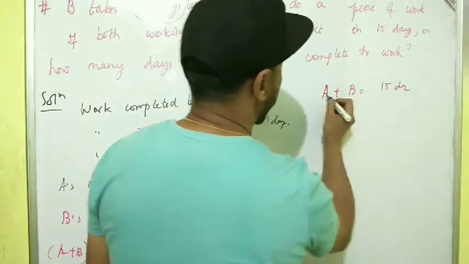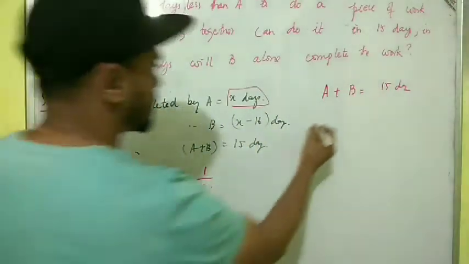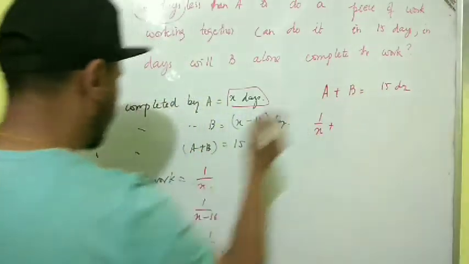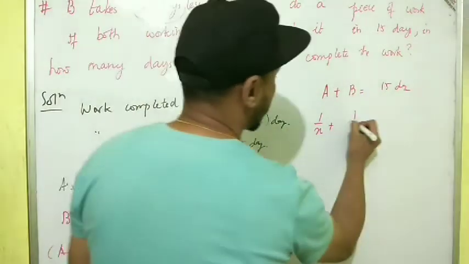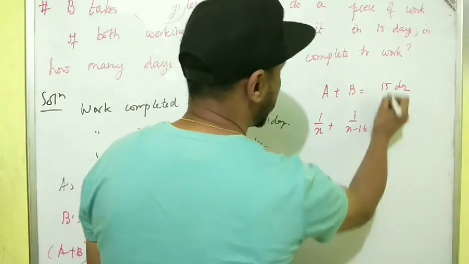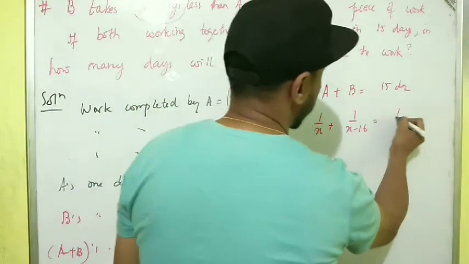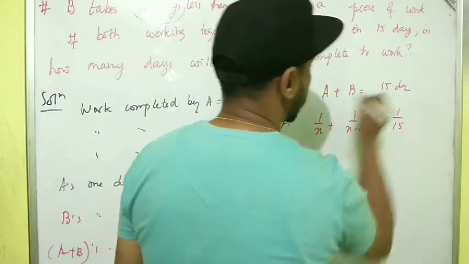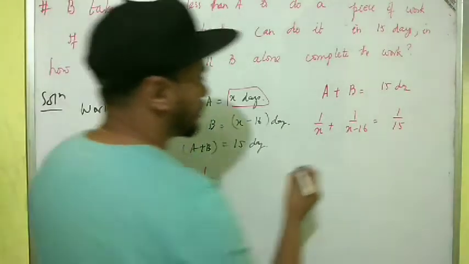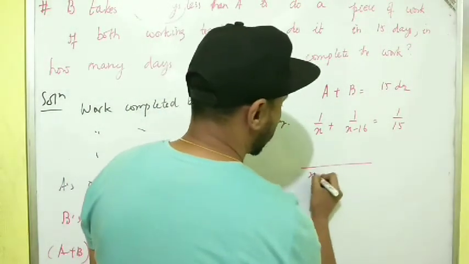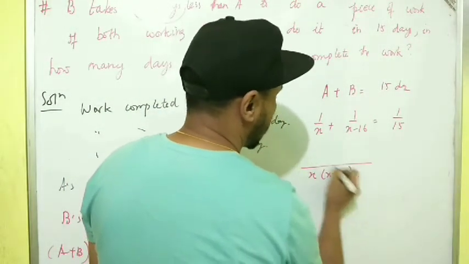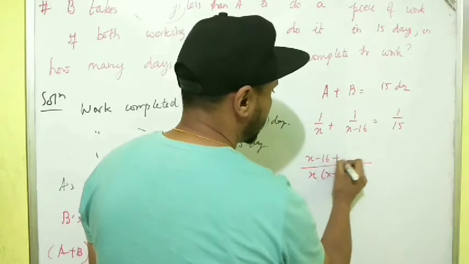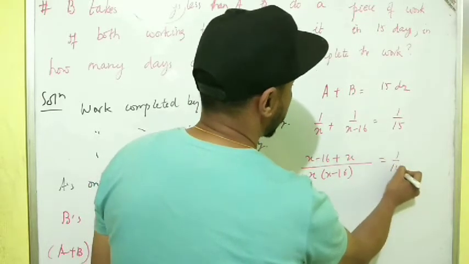So A's 1 day's work is 1 by X, B's 1 day work is 1 by X minus 16, and together in 15 days they complete the work, so their 1 day work is 1 by 15. Taking the LCM, 1 by X plus 1 by X minus 16 is equal to 1 by 15.